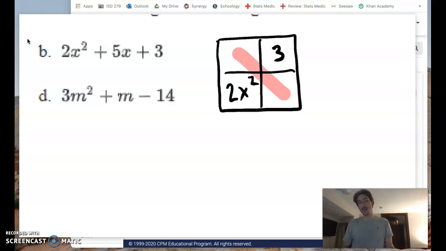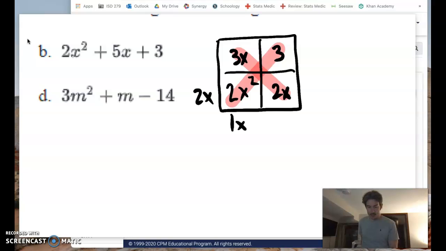This is pretty nice and easy because the two numbers that multiply to be 6 and add up to 5 are already on my screen. Trust me when I tell you they're going to include the x, because it needs to add up to 5x. So it's going to be 3x and 2x. Now, the way we write the factorization, I'm not sure it matters a ton. 2x squared and 2x, well, that's going to be 2x and 1x.